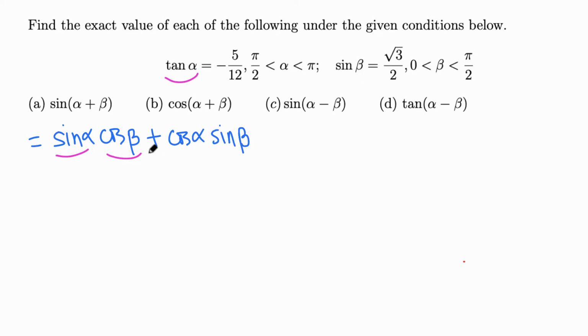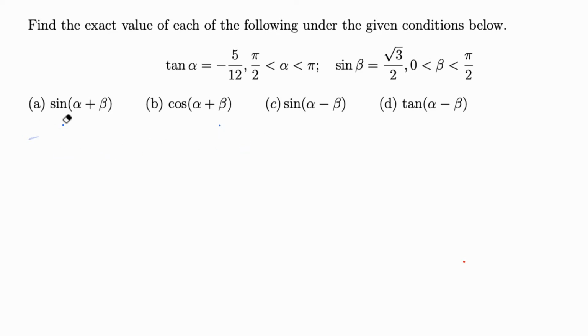Before I start this, let me put these two values in right triangles in the correct quadrants and find all three sides of each triangle, from which we can find any trig function. Based on this, tangent alpha equals -5/12, and alpha is in pi/2 to pi, the second quadrant.